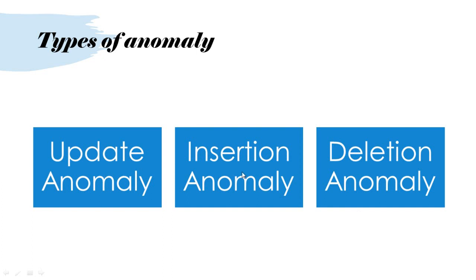insertion anomaly. To demonstrate the effect of the insertion anomaly, assume that a new vendor has entered the marketplace. The organization doesn't yet purchase from the vendor because the company does not yet have experience in purchasing from the new vendor. We cannot insert the new vendor to our database.